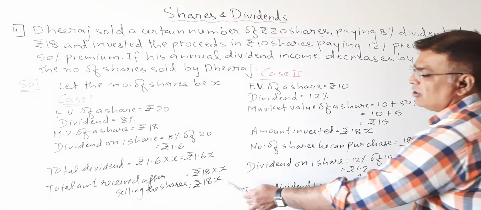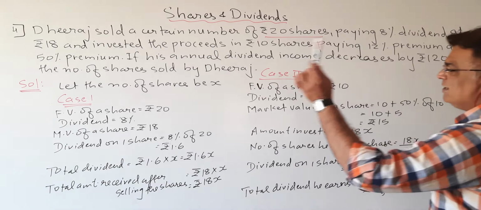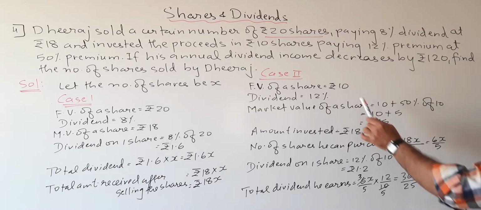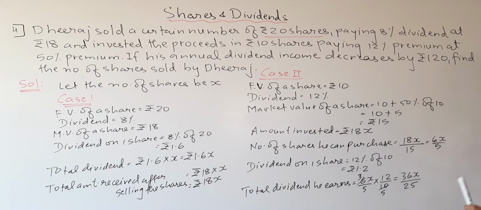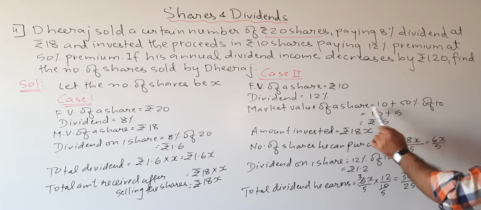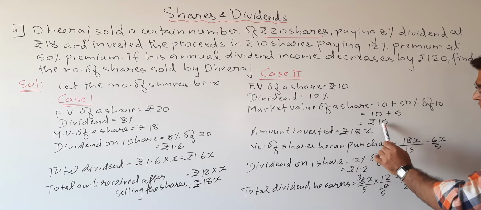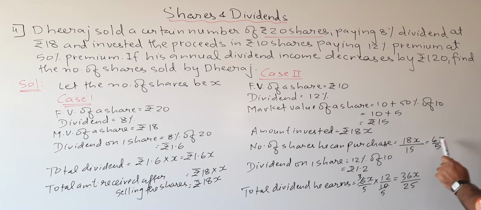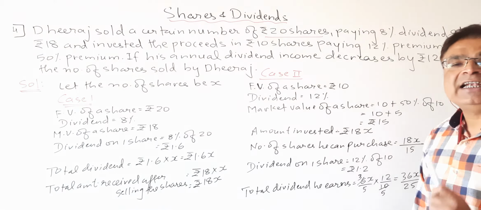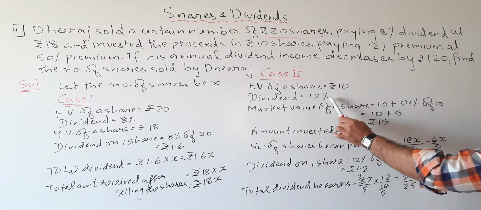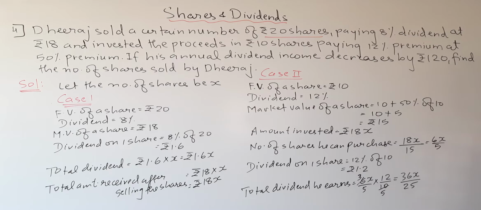First of all, whatever amount he got after selling the shares, he is investing into another share whose face value is 10, the company gives 12% dividend and the market value of the share is rupees 15. So in 18x rupees, how many 15 rupee shares can he purchase? 6x upon 5. Now what is the dividend he is getting on one share, students? He is getting 12% of 10, so rupees 1.2.